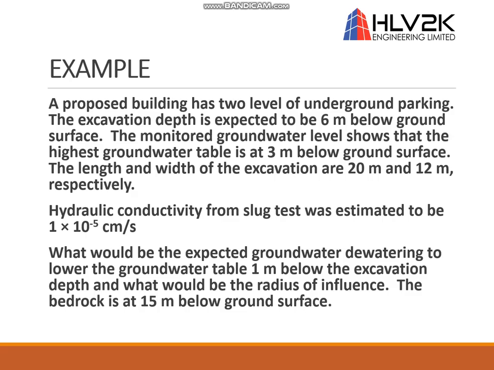Hydraulic conductivity from a slug test was estimated to be 10 to the minus 5 centimeters per second. We want to know the expected dewatering rate to lower the groundwater table 1 meter below the excavation depth, and what the radius of influence would be. The bedrock is at 50 meters below ground surface.